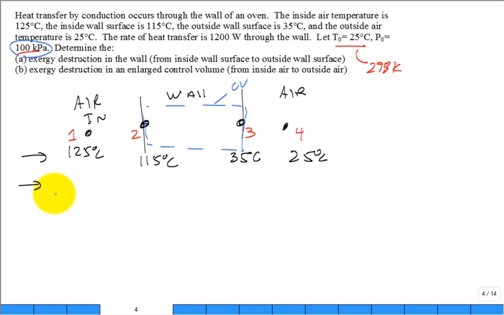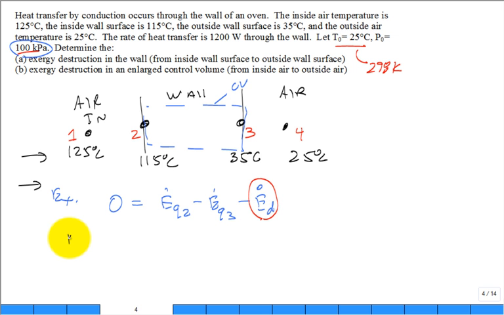Now we're going to do an exergy balance on that region, that control volume, and it's steady state. We're going to have the flow of exergy coming in at 2, the flow of exergy going out at 3, and the destruction of exergy. And what are we asked to solve for? This term, the rate of exergy destruction inside.